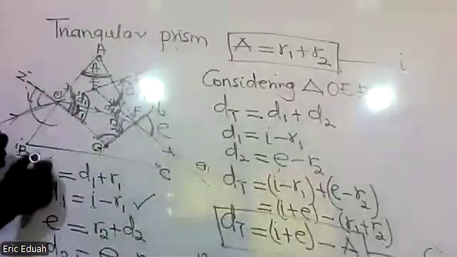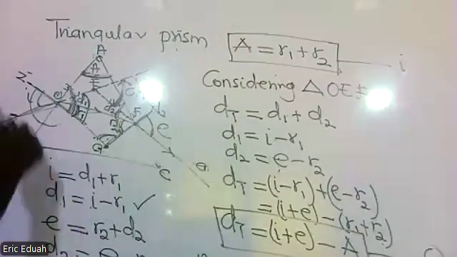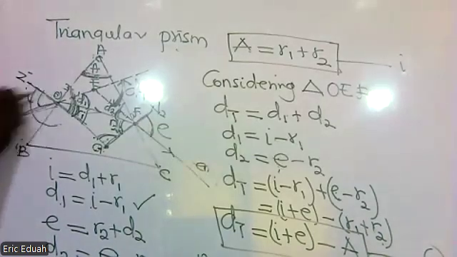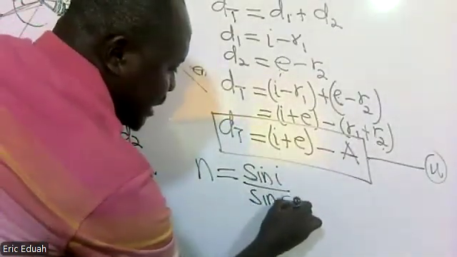Because we have two refractions, R1 and R2. If the light is from left to right, meaning that it is incident from here, then the angle of refraction will be equal to R1.